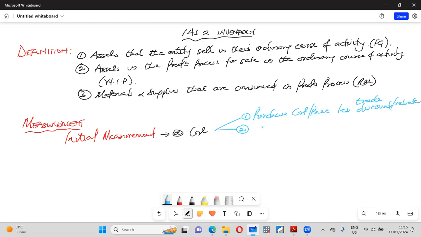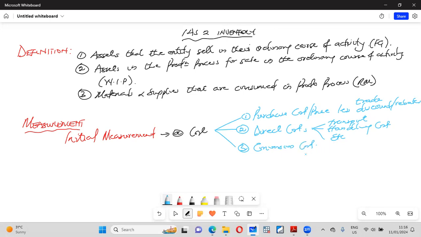We also talk about direct costs, such as transport costs, because when you bring the thing in, handling costs, and others that may be. And lastly, we talk about conversion cost.